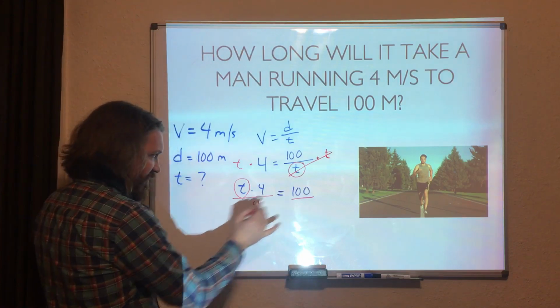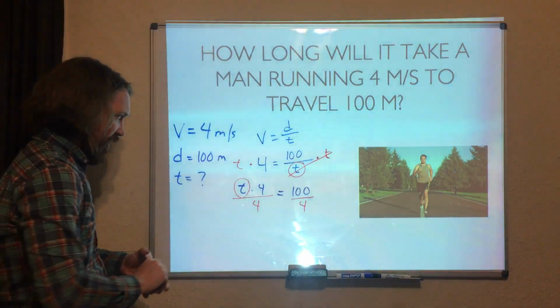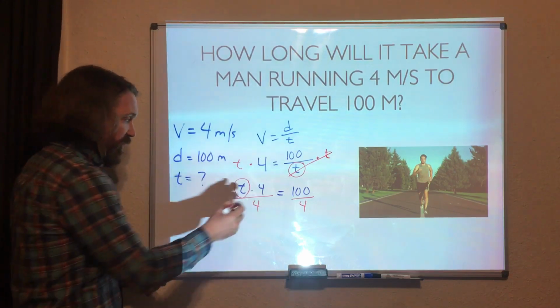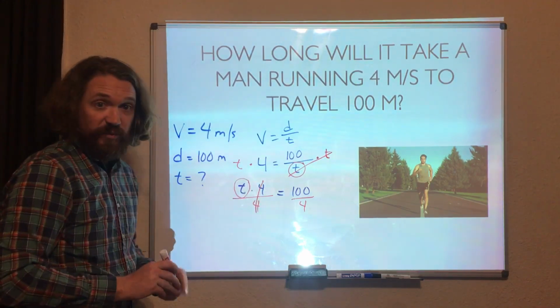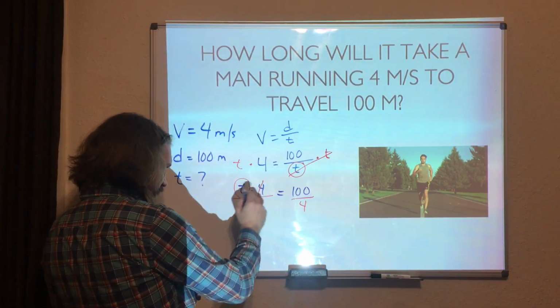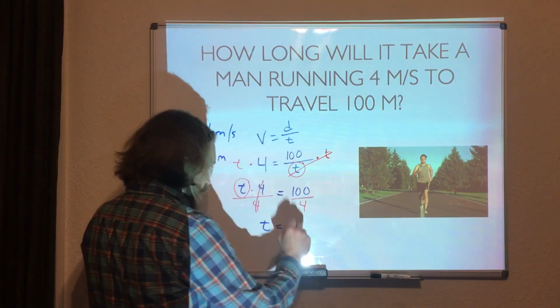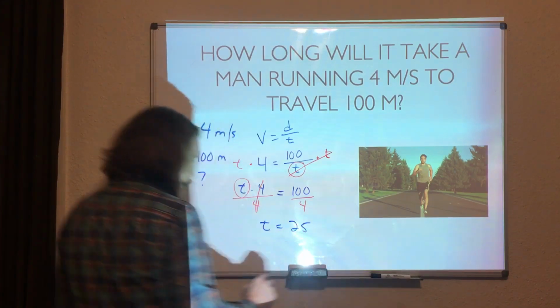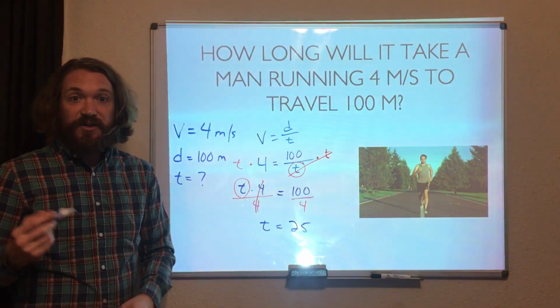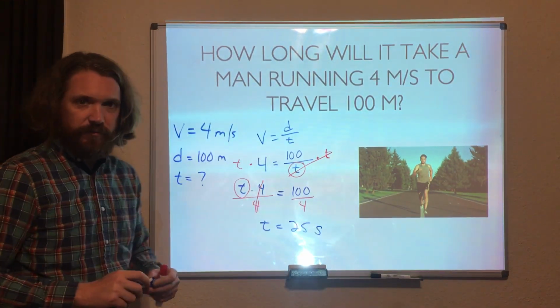And whatever I do to this side of the equation, I got to do to this side of the equation, okay? 4 divided by 4 is 1. T times 1 is T, okay? So I bring this down. This gives me T on this side is equal to 100 divided by 4, which is 25. And my unit here for time is always seconds.